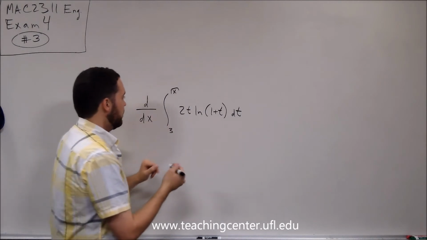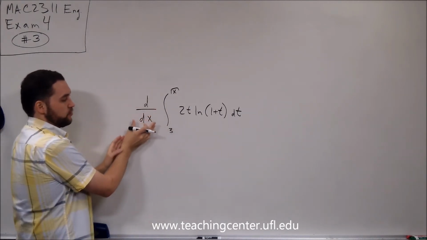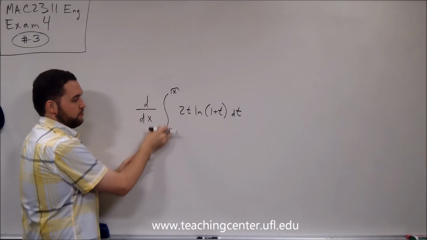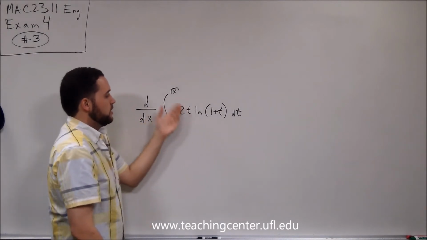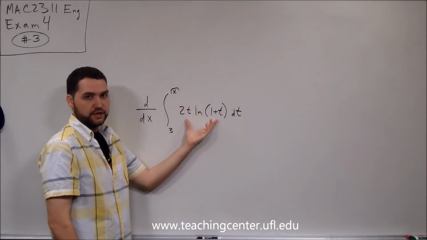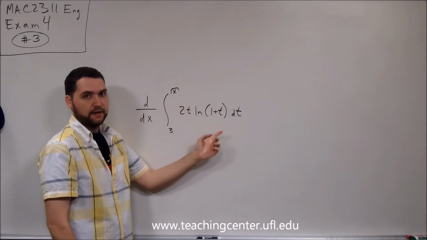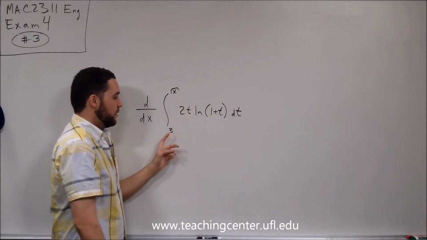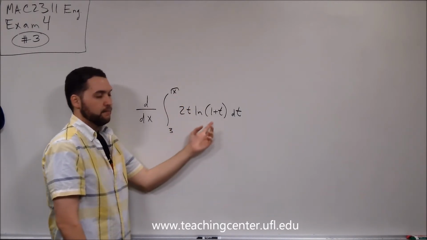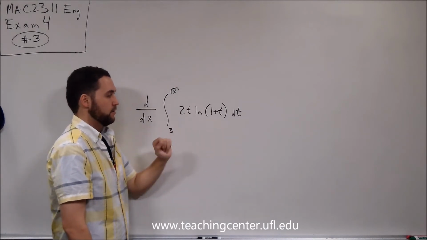So essentially, the rule is, if you have a derivative of an integral with these bounds, you plug the top bound into this expression and multiply it by the derivative of the top bound. Then subtract the original expression with the bottom bound plugged in times the derivative of the bottom bound.